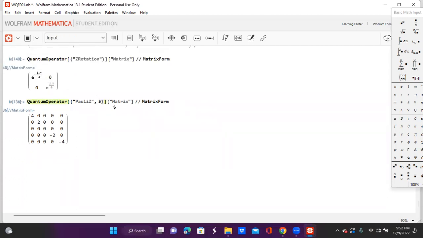If you want to see what's actually going on when you make these operators and these states, look at their matrix or look at their element association.